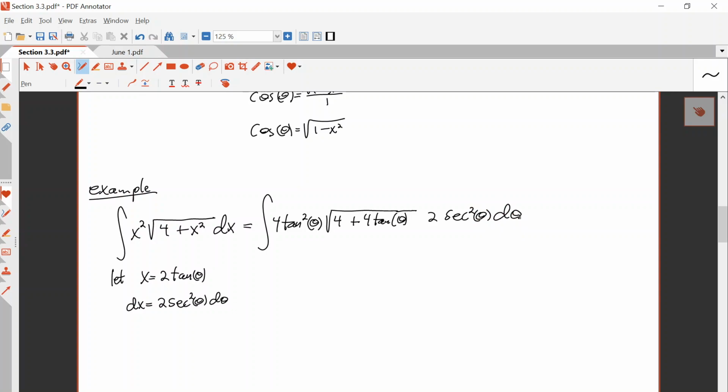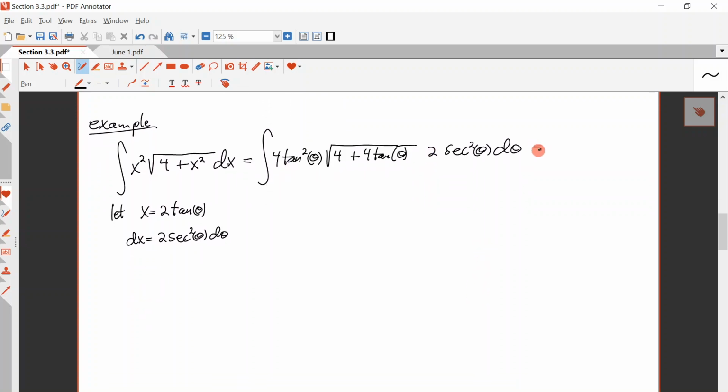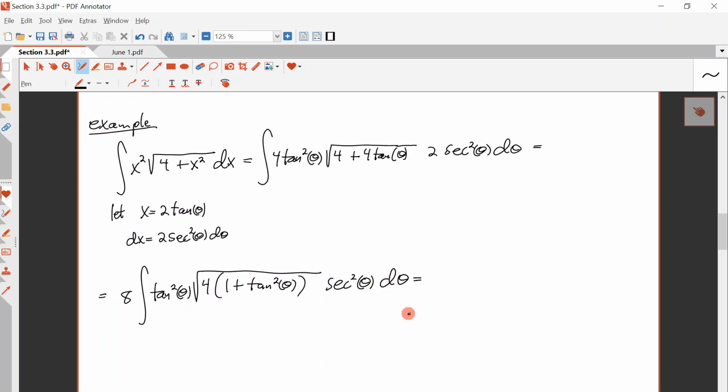Alright, let's bring these constants up front. The 2 times 4 is equal to 8. So 8, antiderivative, tangent squared theta, square root. Now inside here I've got a common factor of 4, so I'm going to factor out that 4 inside there. And this becomes 1 plus tangent squared theta, and then I've got secant squared theta d theta.